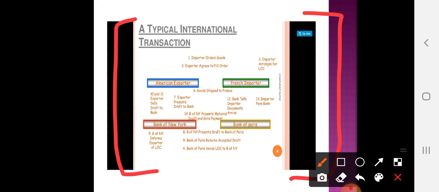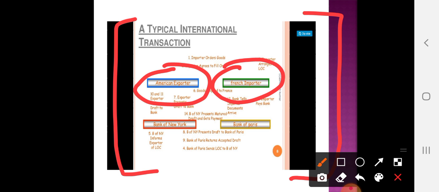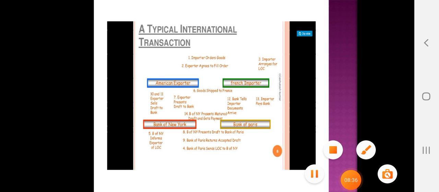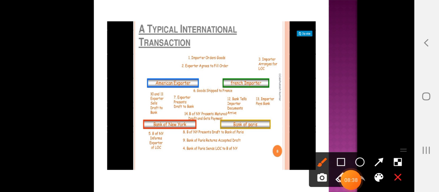Here they have given two countries, an American exporter and a French importer, where France is importing goods from America. So let's discuss this.